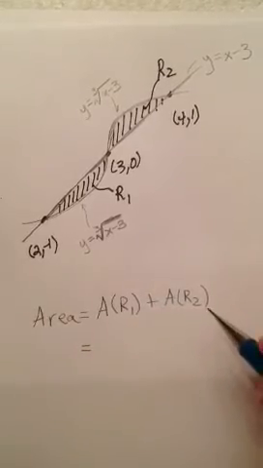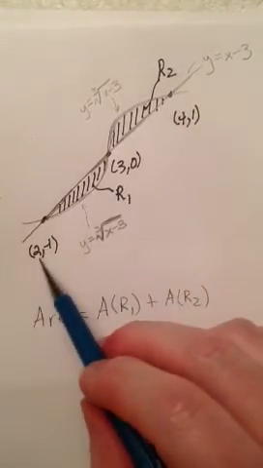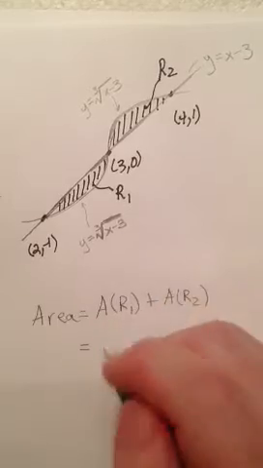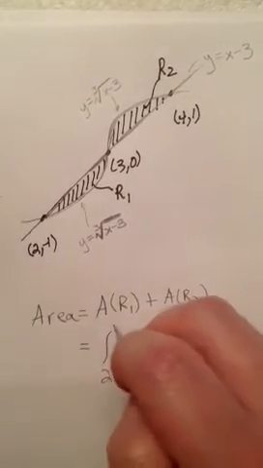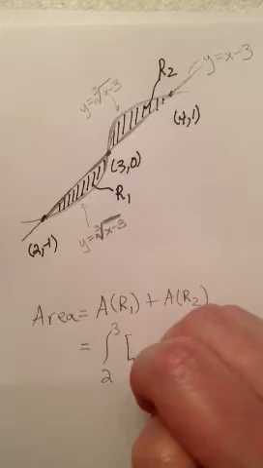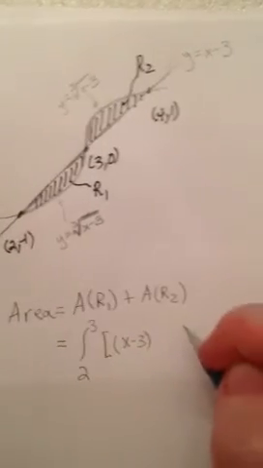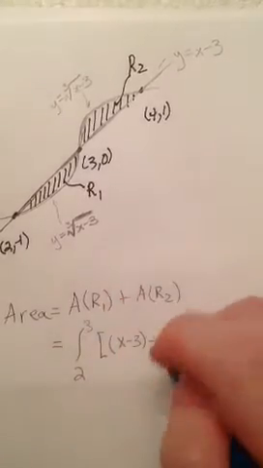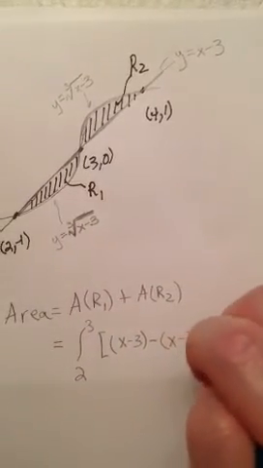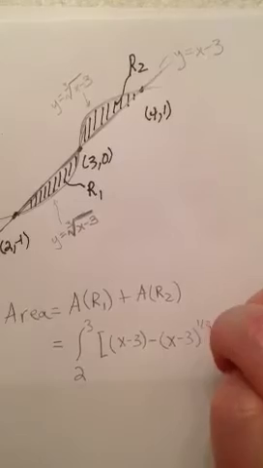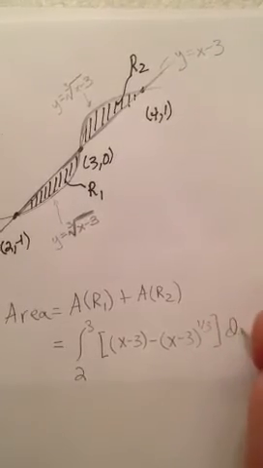so for R1, okay, going from x equals 2 to x equals 3, the linear function is above, so we can say we have x minus 3 minus the cubic root of x minus 3, or we can just call this x minus 3 to the 1/3 power.